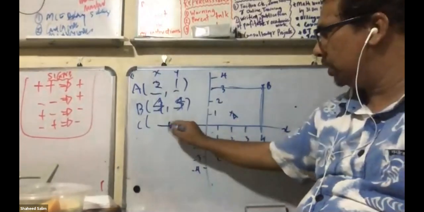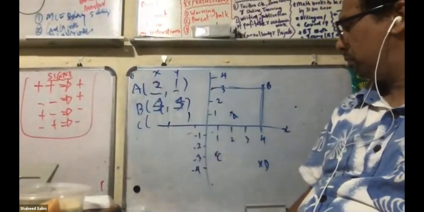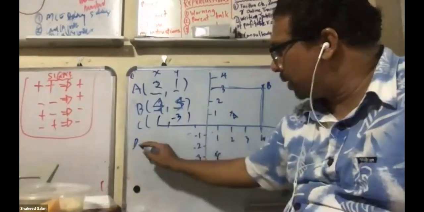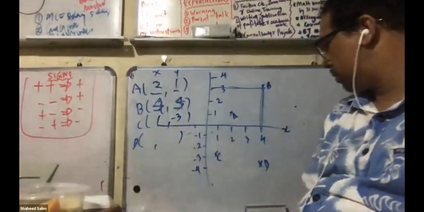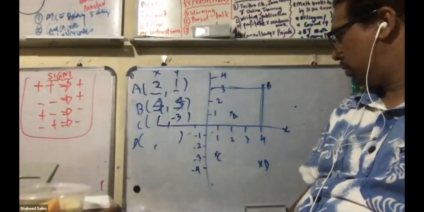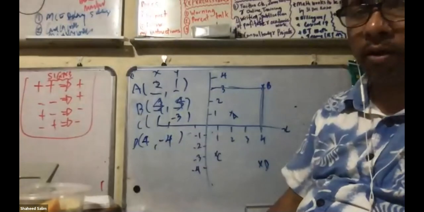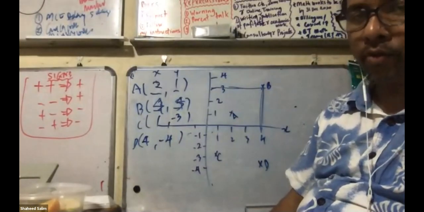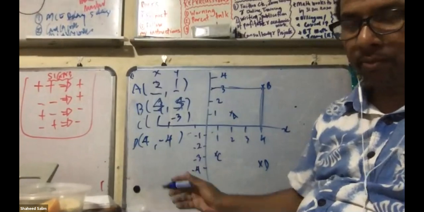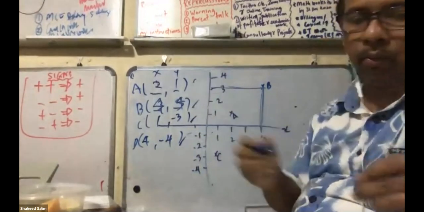Okay, Ryan, what's your coordinates for C? 1, -3. Inshira, what's your coordinates for D? 4, -4. Shafi, is your answer different from Ryan again? Different from Inshira this time? Same. Okay, all correct. Well done.